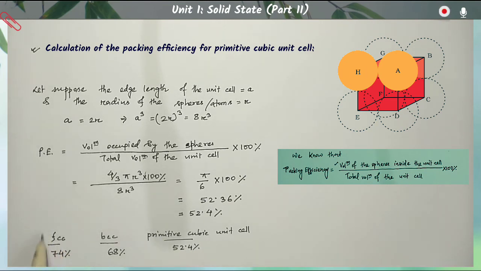That means the packing efficiency is highest in case of FCC, and the lowest in case of primitive cubic unit cell. So the highest voids are in case of primitive cubic unit cell, and the lowest voids in case of FCC.